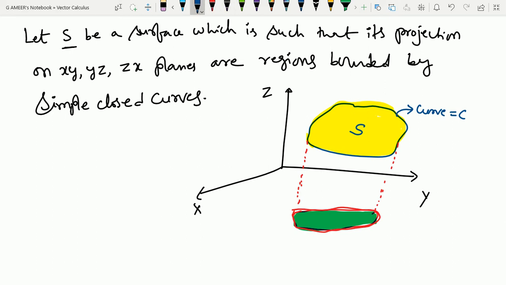Let's say the equation for it will be z is equal to f of xy.